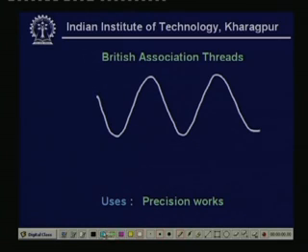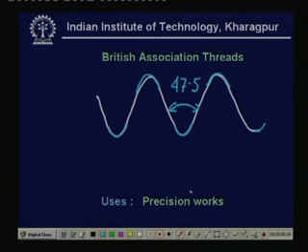This angle is 47.5°, and of course, all the other dimensions could be found out, but there is a large radius over here. Now, these radii are provided so that the stress concentration becomes low.